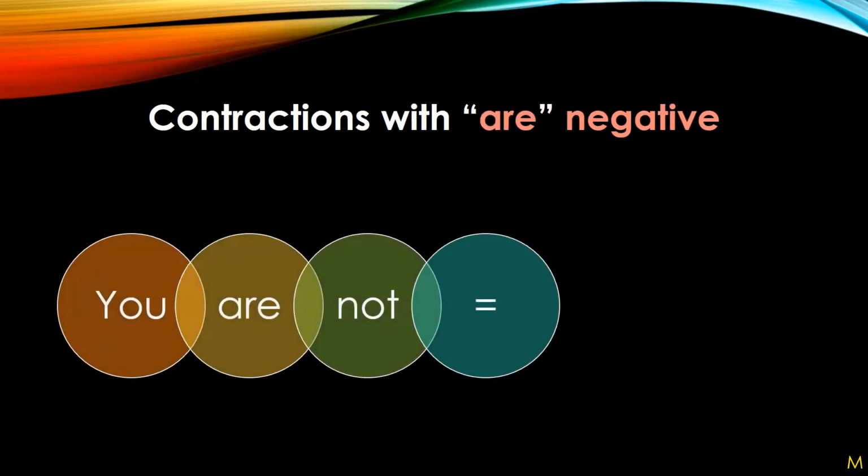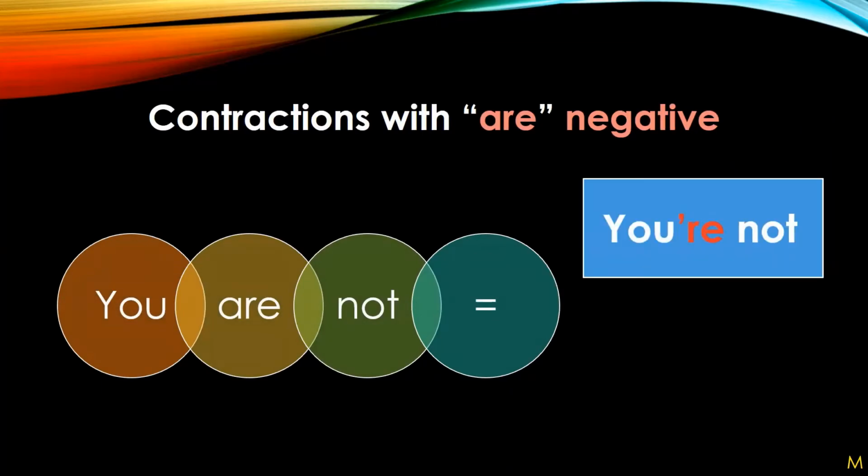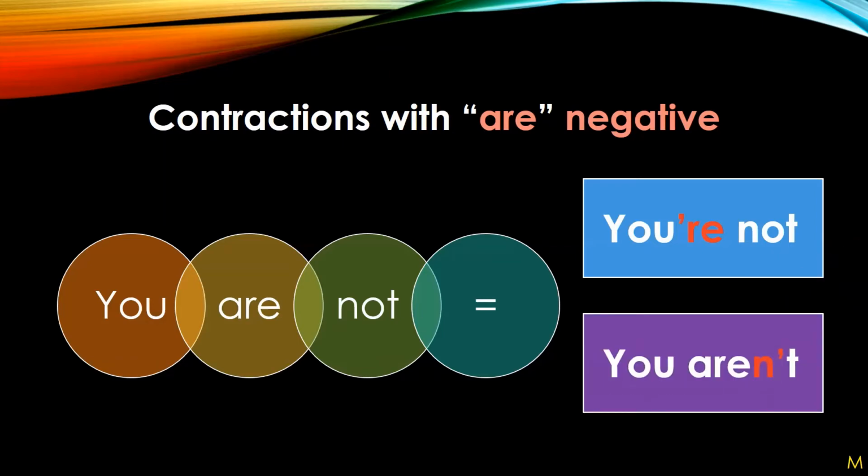If we're using the verb are, like you are, and it's a negative, we could replace the A and say you're not, or we could contract the second part and say you aren't. That one's a little hard to say.